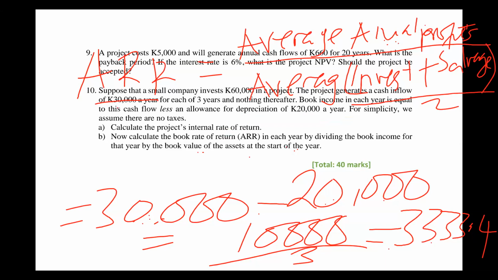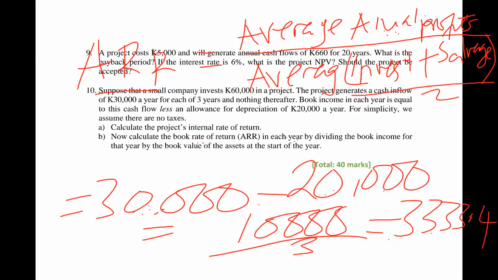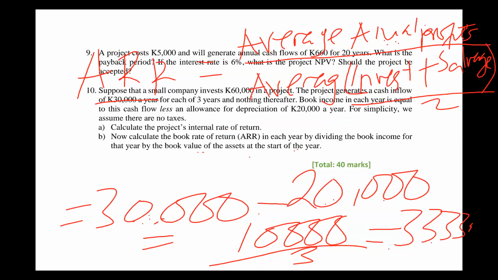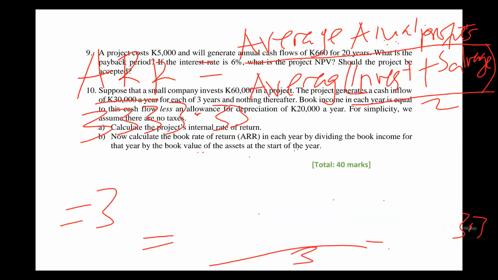Okay, thank you. So it's 3 recurring. These are average annual profits. So the numerator is 3,333.33 divided by the average investment.